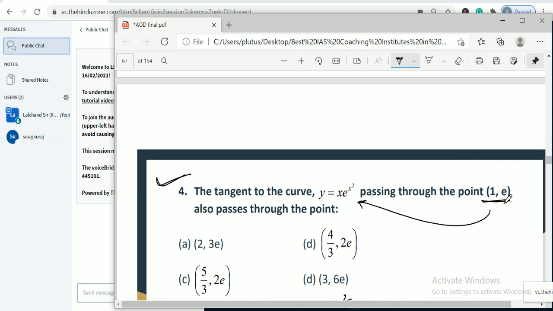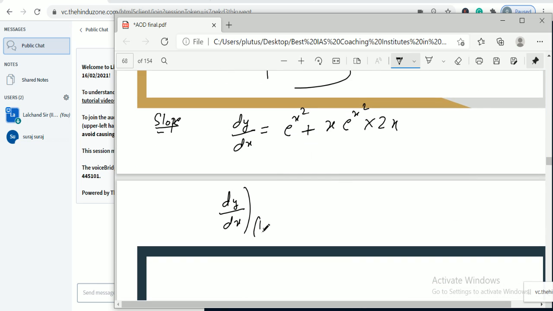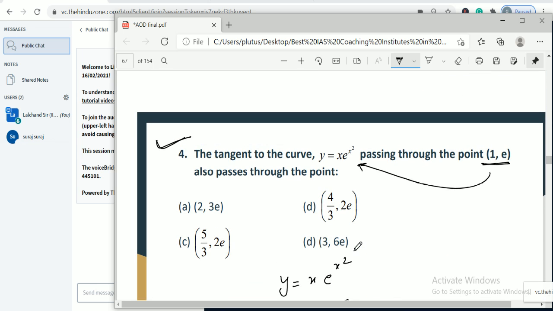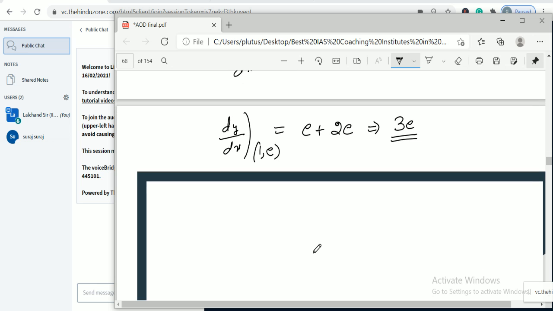Point is 1 comma e. So this will be e plus 2e, because we put x equal to 1. So this is finally 3e, isn't it? So can you write the equation of the tangent now? Because we have the point.